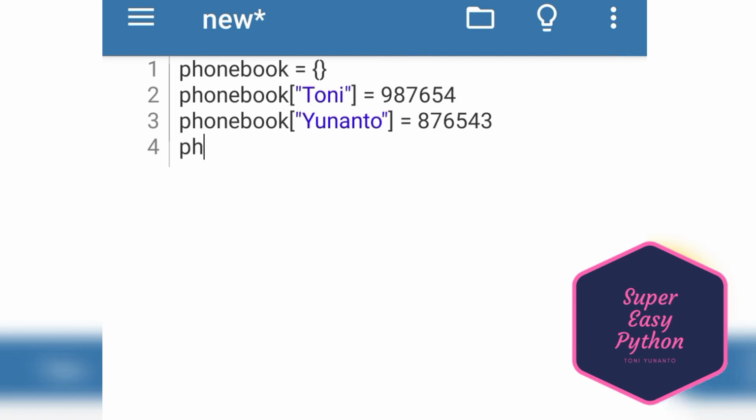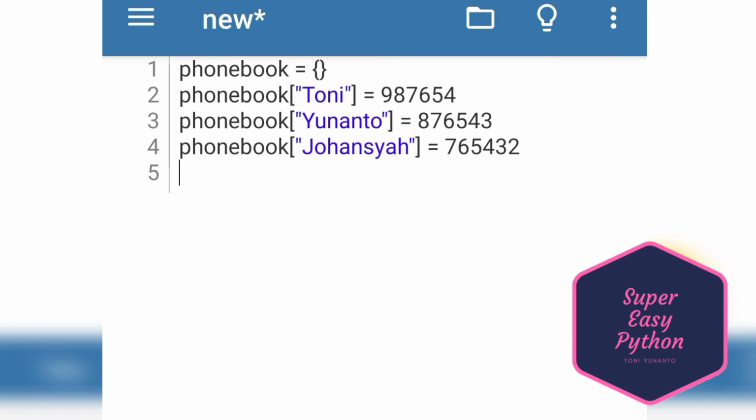And the next, phone book, in the bracket, quotation, Johansha. And the next equals to 765432.